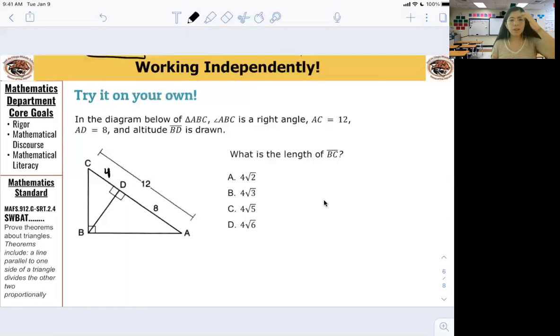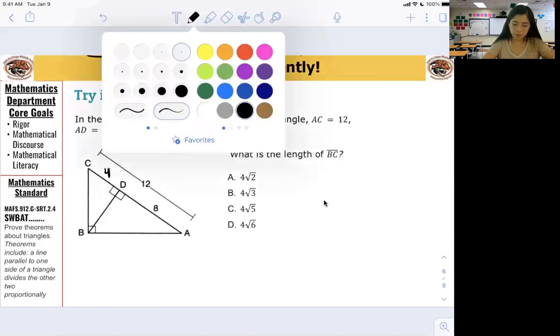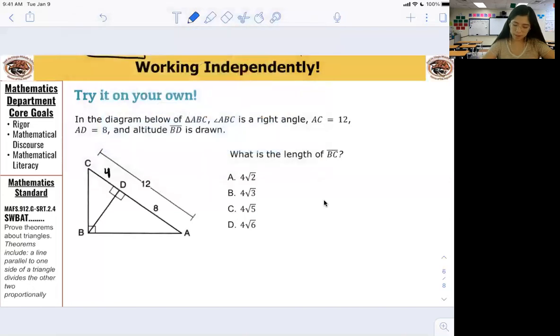Following my little rule, the side that I'm looking for is BC. It's this one right here. And I'm just going to highlight this angle. You always want to highlight not the right angle, but the other angle.